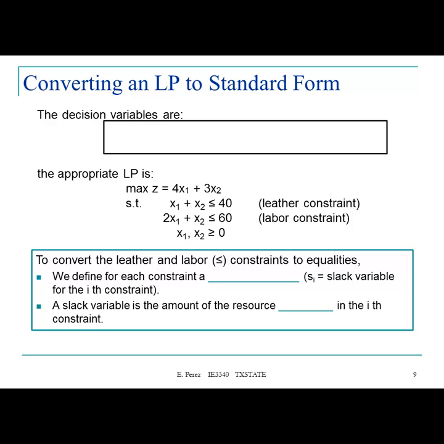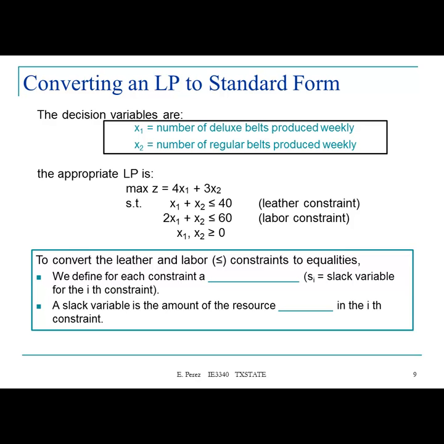X1 is the number of deluxe belts produced weekly, and X2 is the number of regular belts produced weekly. We know the profit for each type of belt: for X1, the deluxe belt, you make $4, and for X2, the regular belt, you make $3. So your objective function is to maximize the profit that you make by selling those belts.